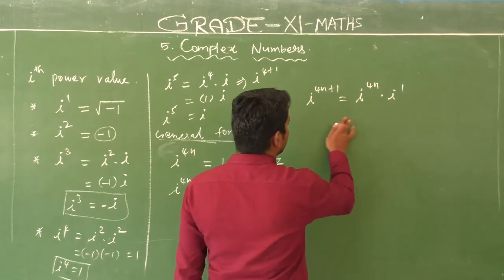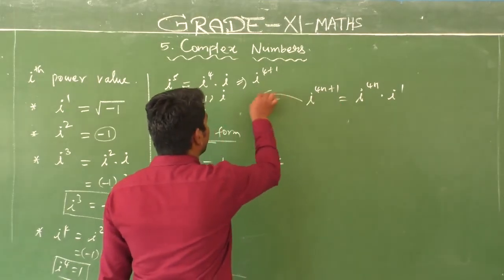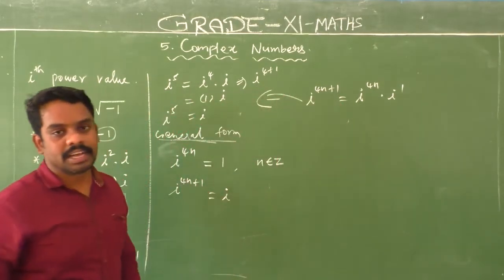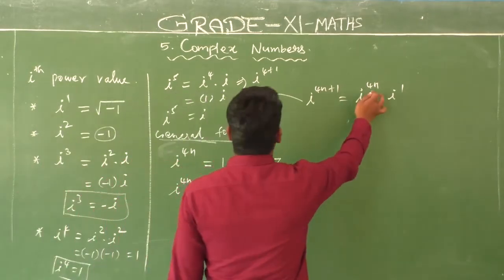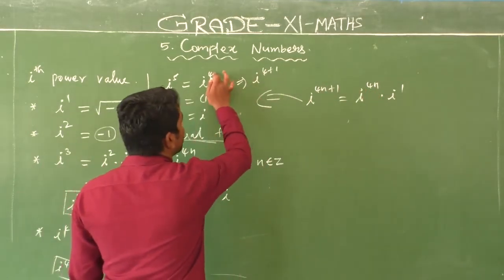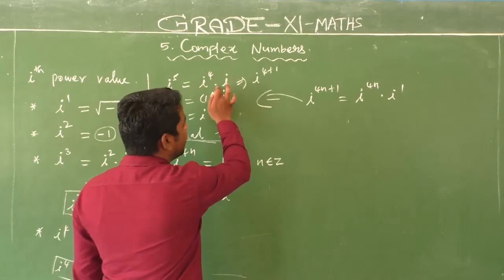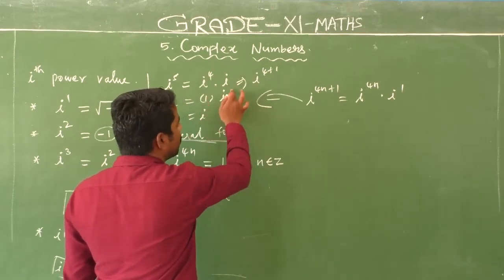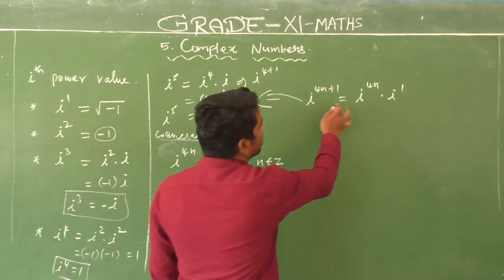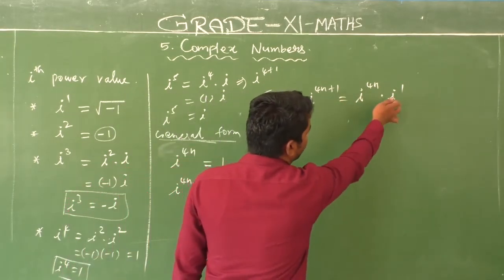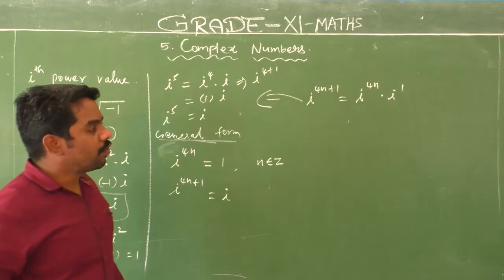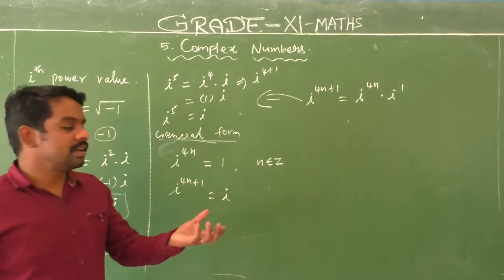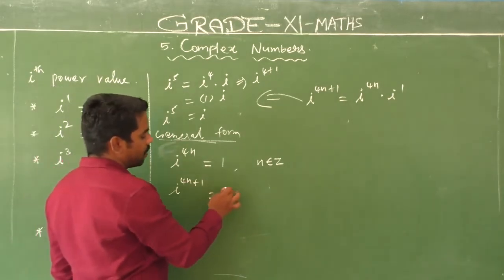One example is i power 5. So i power 4n is i power 4 into 1, whose value is 1, into i power 1, which is i. So i power 4n plus 1 is written as i power 4n into i power 1. So a multiple of 4 plus 1 is equal to i power 1.